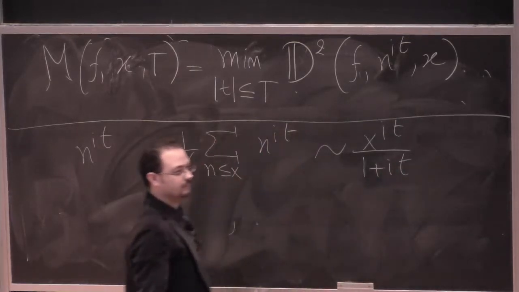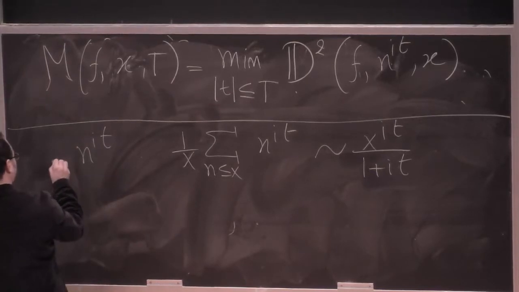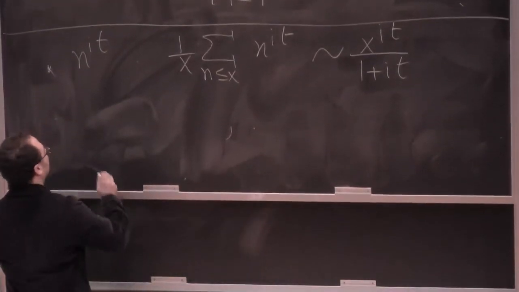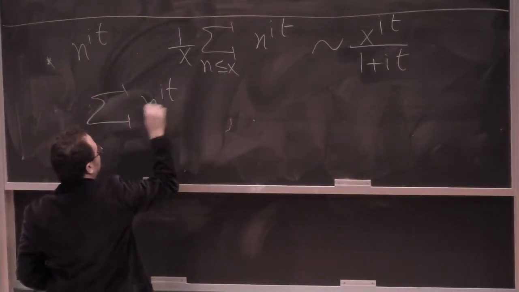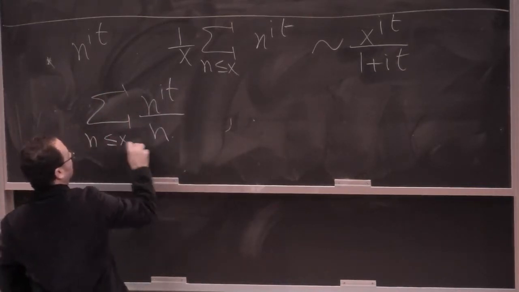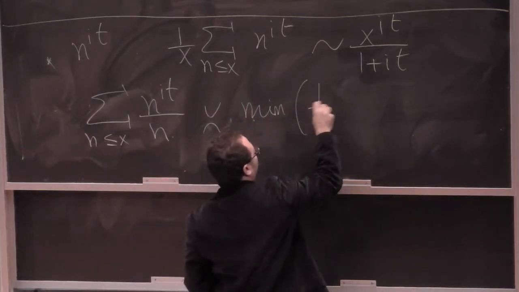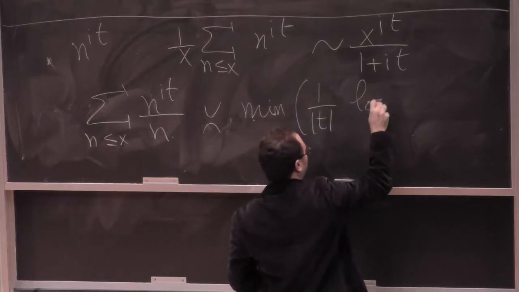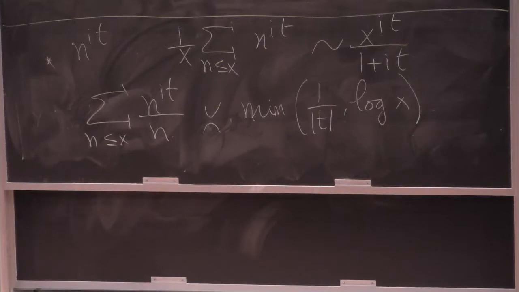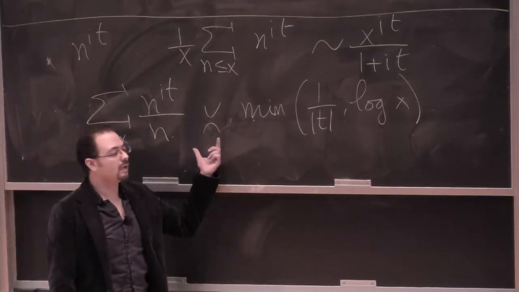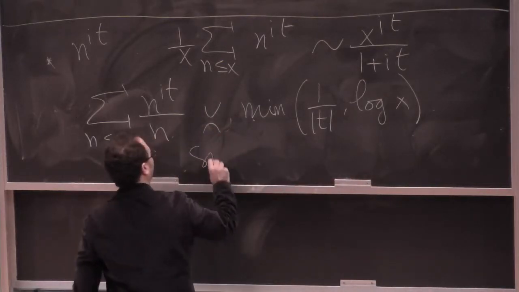No matter what t is, it's always large. Okay? However, if you look at the logarithmic mean of n^it, then something else happens. The sum of n^it over n is roughly the minimum between 1 over t and log x. And so this is going to be really small unless t itself is really tiny. Okay, so small unless t is small.